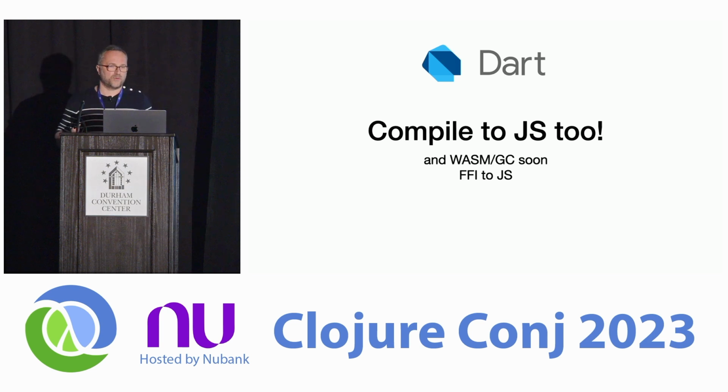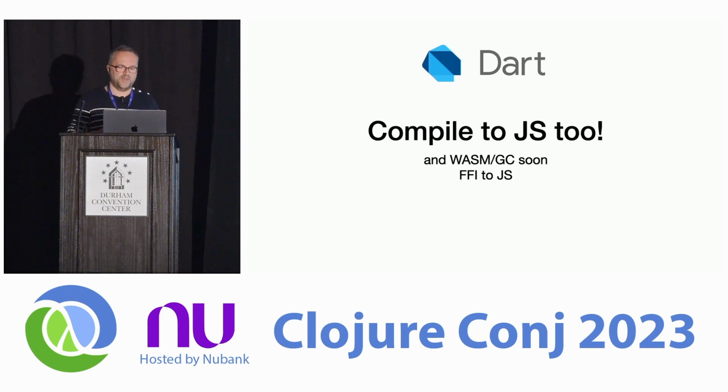And Dart happens to compile to JavaScript too. And they are also working on the WASM-GC backend. So hopefully the WASM-GC backend will be done by the time WASM-GC is implemented by browsers. And when you compile Dart to JS, you can use the FFI to target the web API.